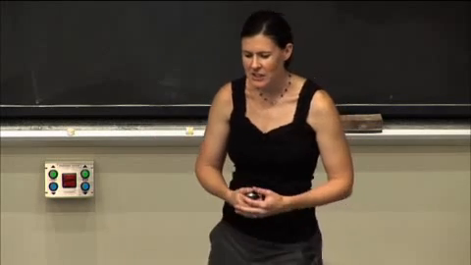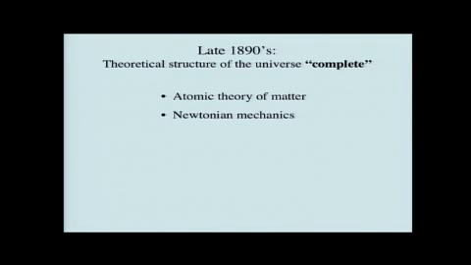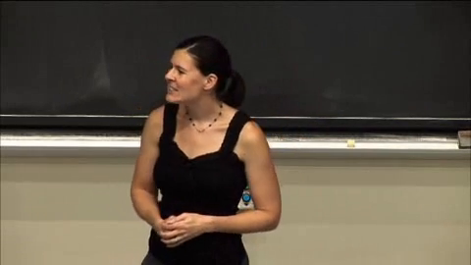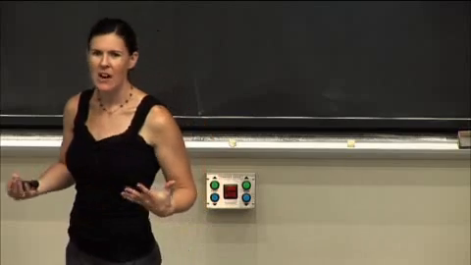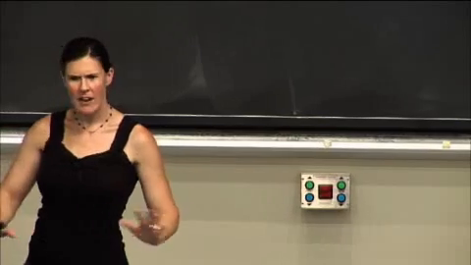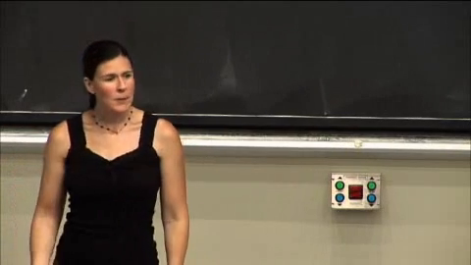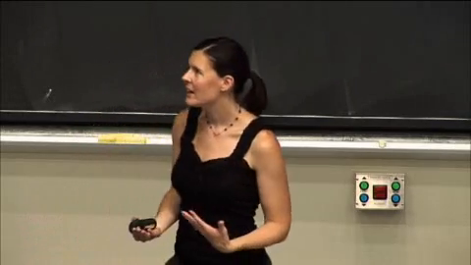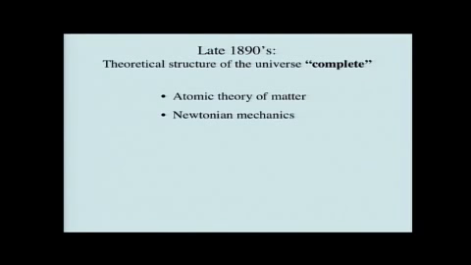So this all starts, putting it in its historical context, at the turn of the century. We said we'd start right in on the 20th century. Where we were at the start of the 20th century, in the late 1890s, is that we were at a place where there was great confidence in our understanding of the universe and how all matter worked. People in the chemistry community and in the physics community had this general feeling that the theoretical structure of the entire universe was pretty well understood.